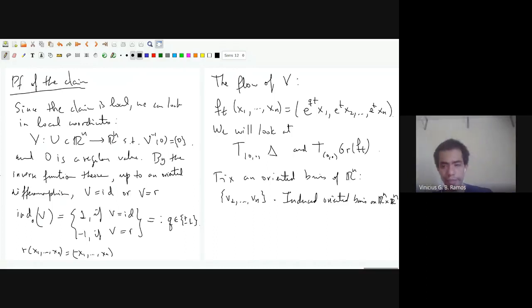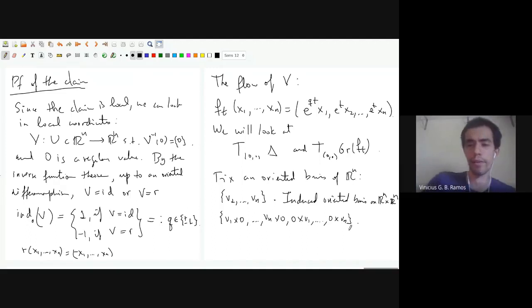First you pick the bases on the first coordinate, and then you pick the bases on the second coordinate. So the oriented basis is v1 times 0, ..., vn times 0, and then 0 times v1, ..., 0 times vn. That's the induced orientation on the product.